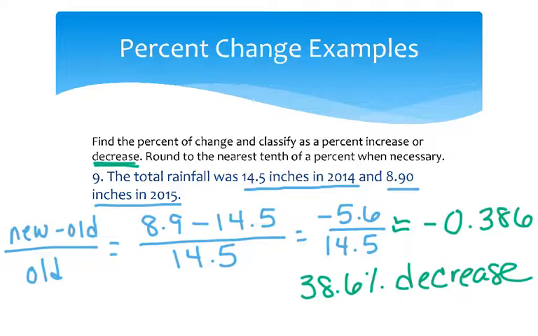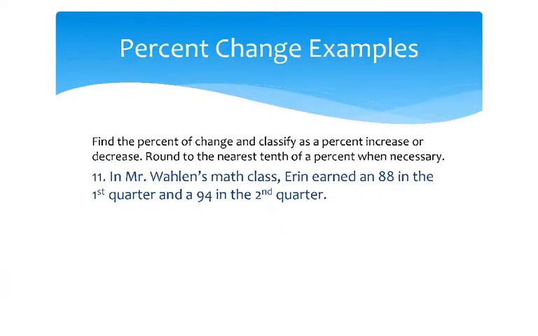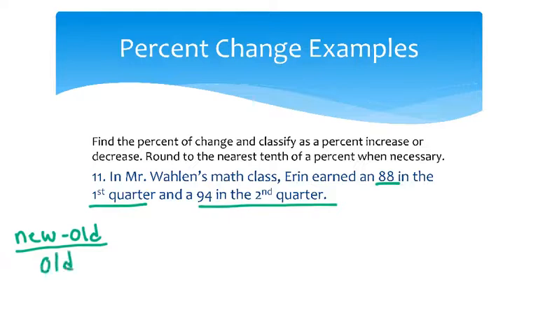All right, next example. Mr. Whalen's math class. Aaron earned an 88 in the first quarter and a 94 in the second. So you have an 88 in the first quarter, 94 in the second. So new minus old all over old.